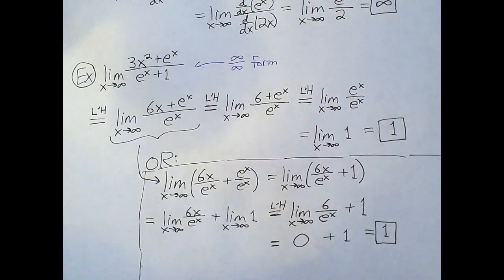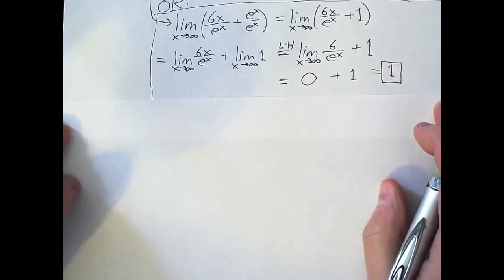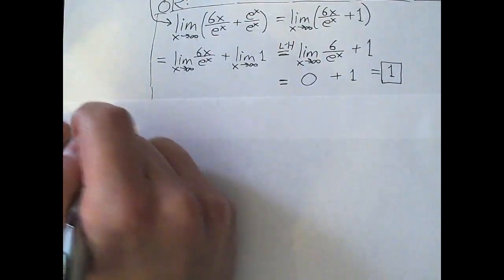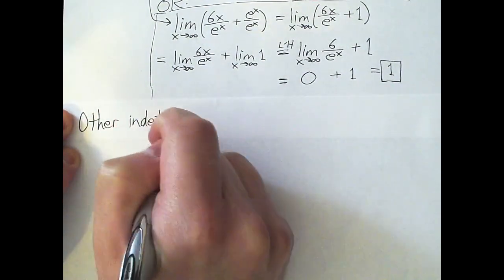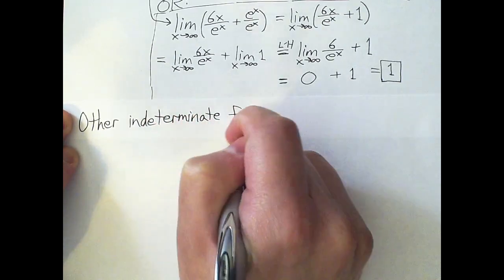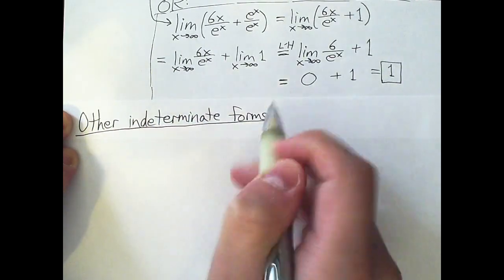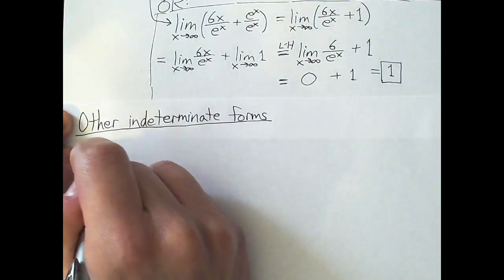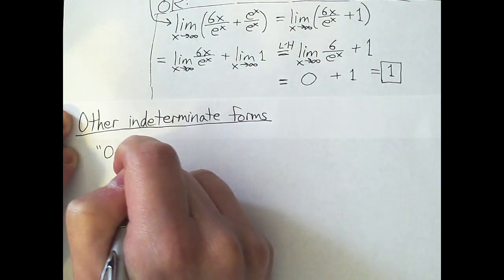There's something else I want to talk about, though. There are also other indeterminate forms, besides those two main ones that we talked about. And some of these forms are a 0 times infinity case.